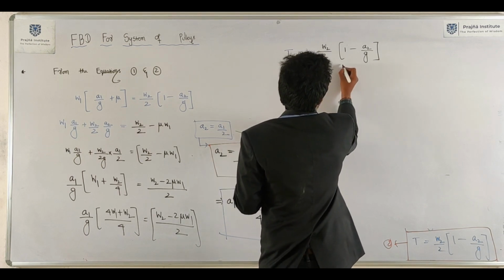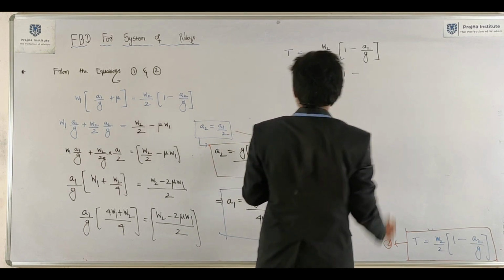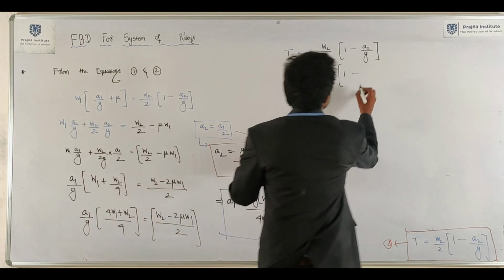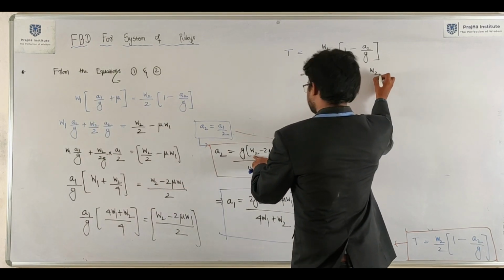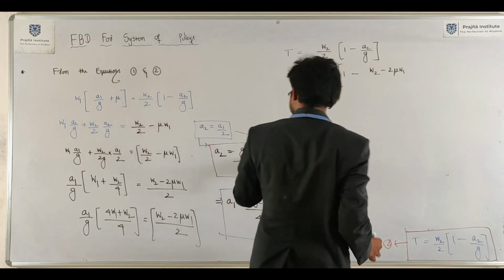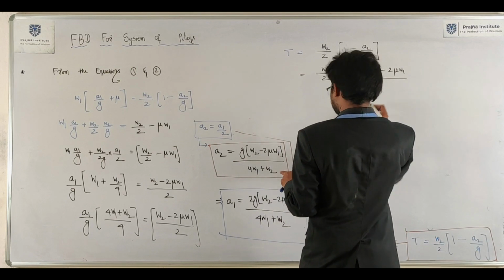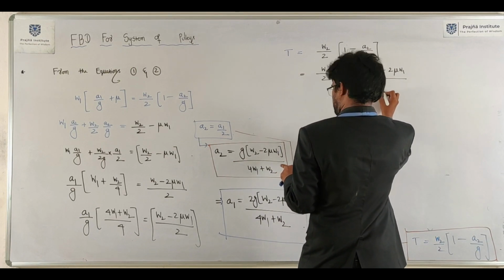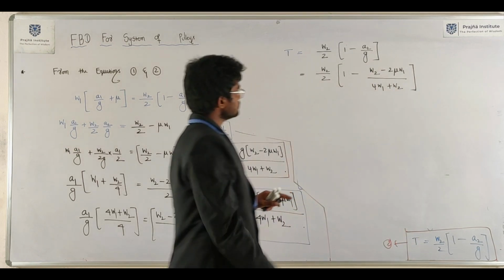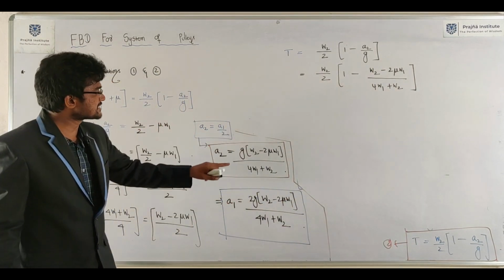W2 by 2 into 1 minus, what is a2? g gets cancelled out. W2 minus 2 mu W1 by 4 W1 plus W2. Correct now? g gets cancelled out.